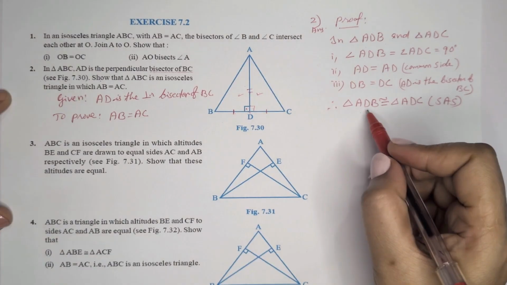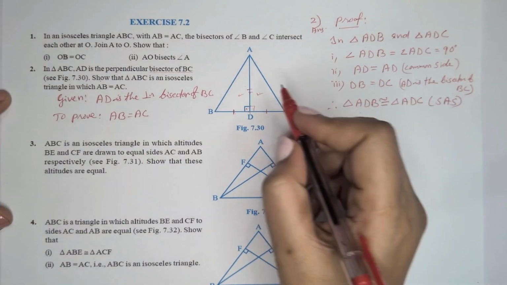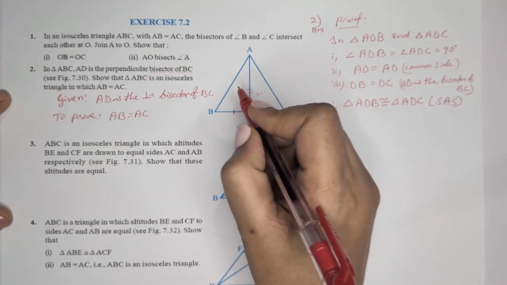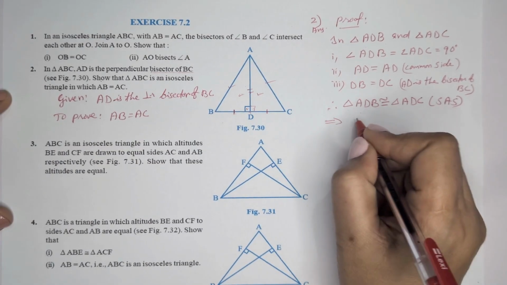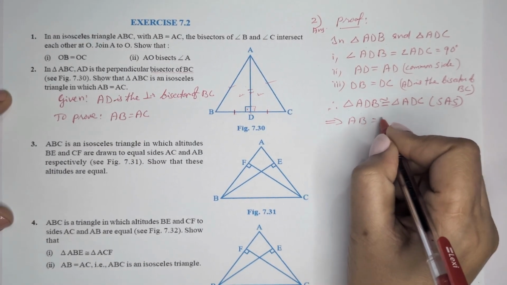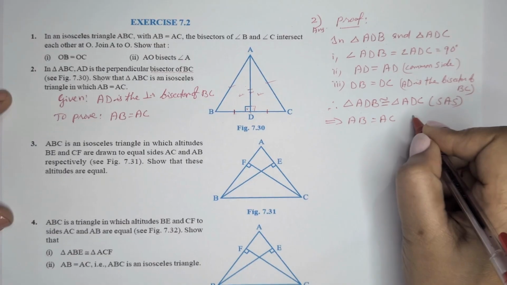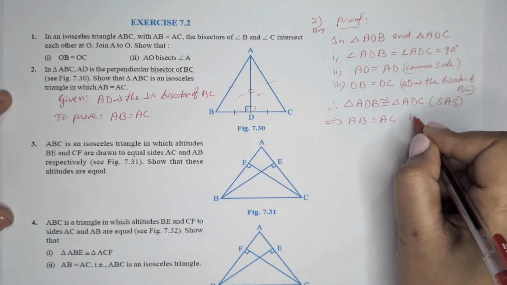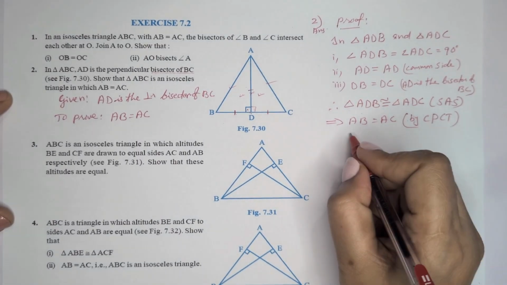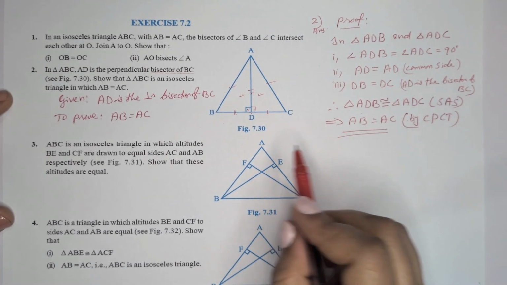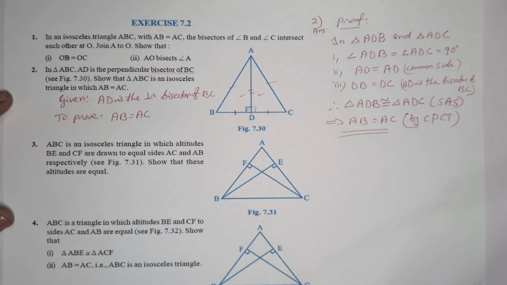If these two triangles are congruent, then we can write AB is equal to AC by CPCT. So hence proved. That's the proof of the second question.